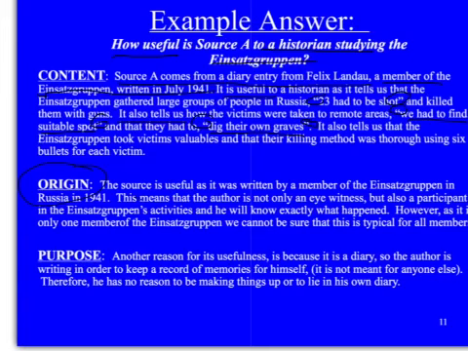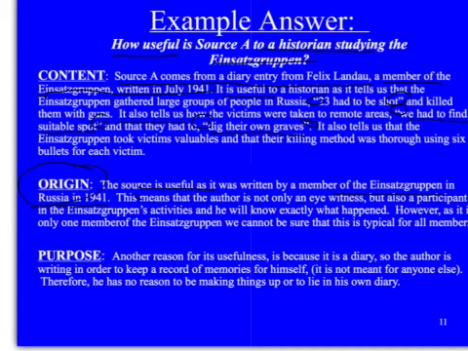The source is useful as it was written by a member of the Einsatzgruppen in Russia in 1941. This means that the author is not only an eyewitness but also a participant in the Einsatzgruppen's activities, and he will know exactly what happened. However, as there is only one member of the Einsatzgruppen, we cannot be sure that this is typical for all members.